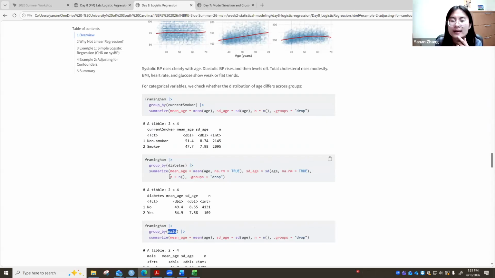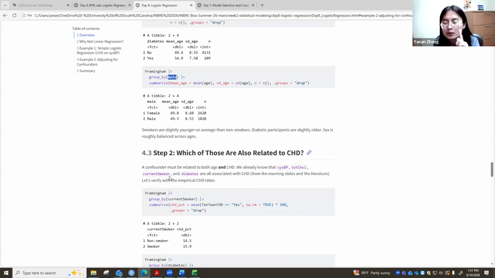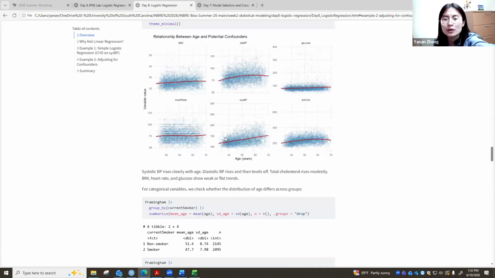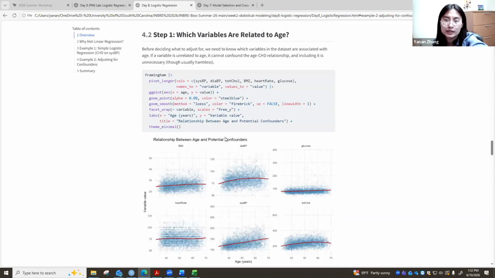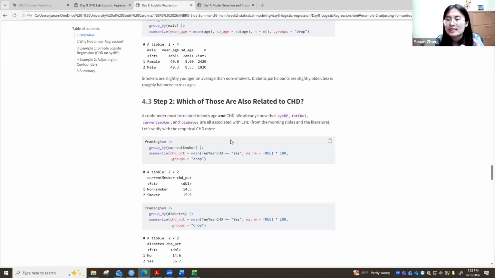For those four selected variables, we need to know which ones are also related to the outcome, because that's the definition of confounders. Confounders need to be associated with the predictor and associated with the disease. First step, we figured out who is associated with the predictor. Then the second step, among those we selected, which ones are also associated with the disease.